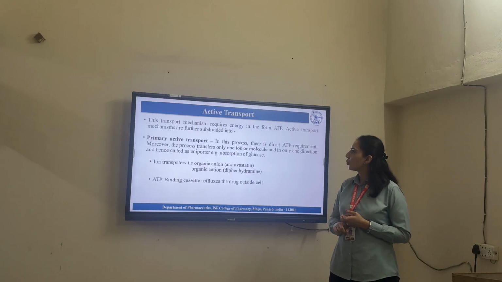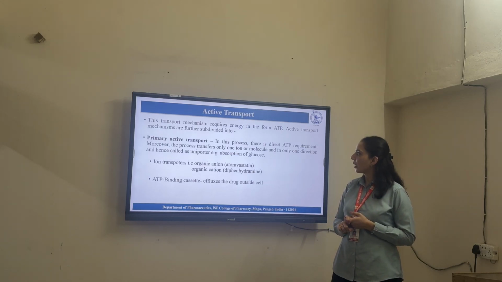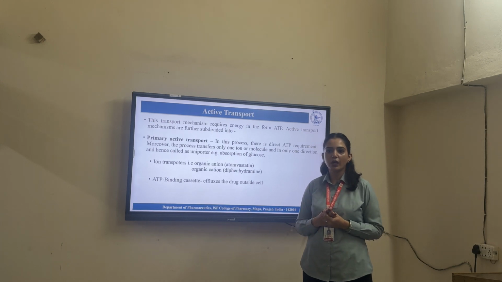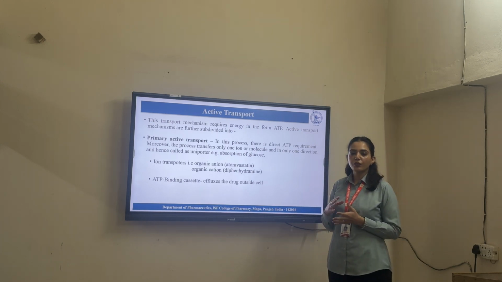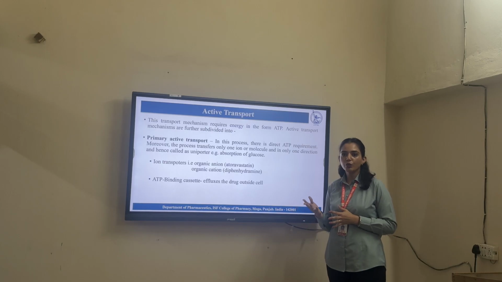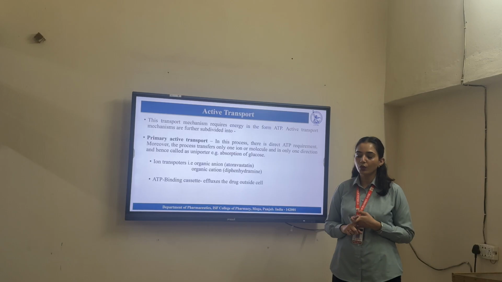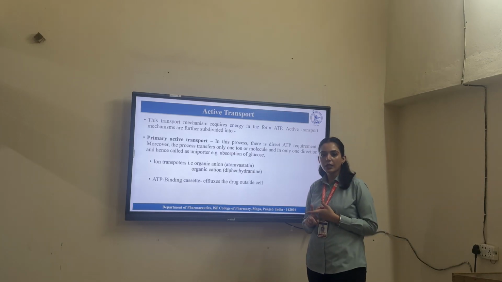So next one is active transportation. This transport mechanism requires energy in the form of ATP, and it is further divided into two subdivisions. The first one is primary active transportation, and the second one is secondary active transportation.